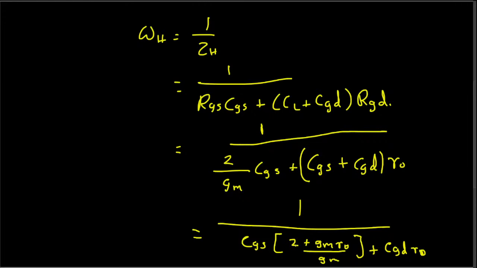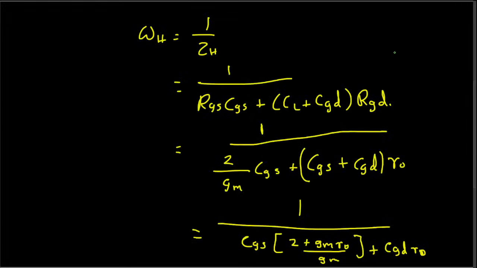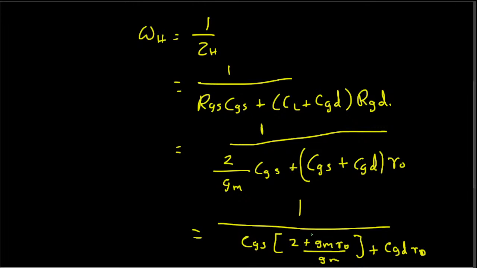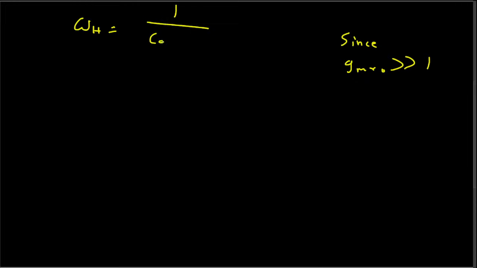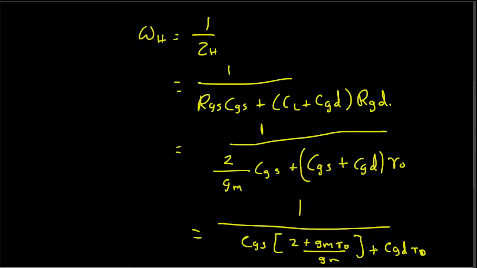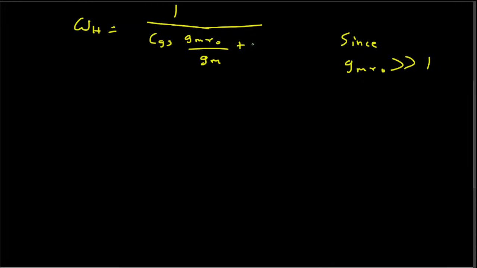So here, since gmro is much larger than 1, we can say that this omega h is nothing but 1 over cgs gmro over gm plus cgd ro, and here gm cancels, which means this is 1 over cgs ro plus cgd ro.